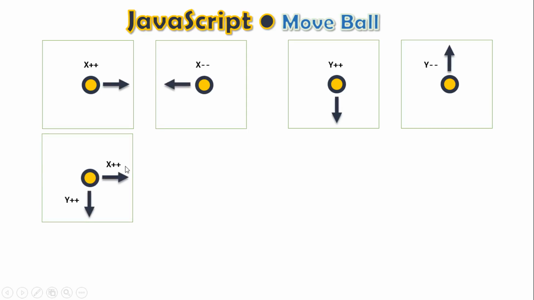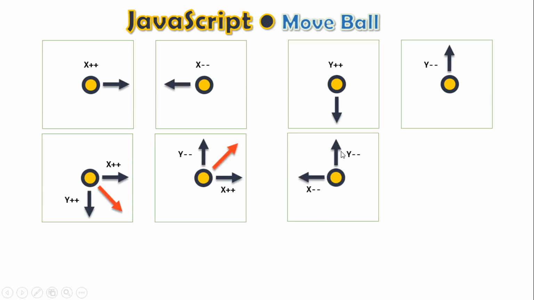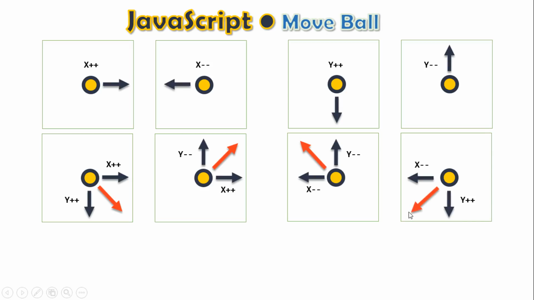Now, if we increment the x and y position, the ball will go in this direction, and if we are decrementing and incrementing the x position, the ball will go in this direction. And also if we are decrementing both the y and x position, the ball will go in this direction. The last one, the ball will go into this direction.